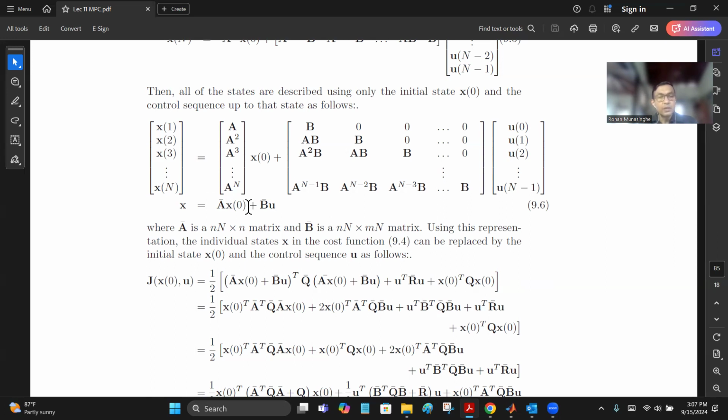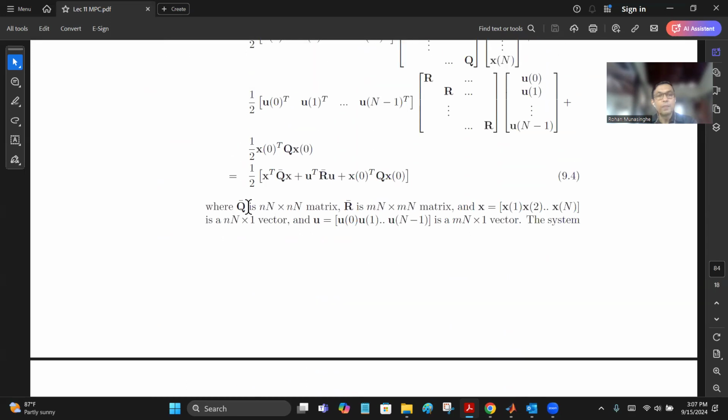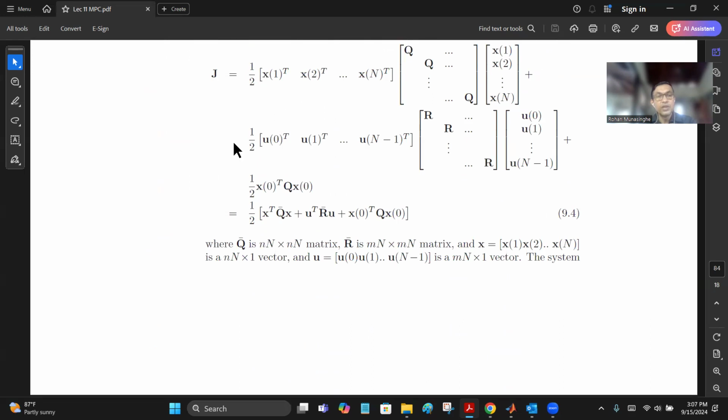We are going to substitute this in our cost function j. Remember, this x is all of the states prepared as a column or a row. So we can replace x over here, in fact in two places, x transpose and x.